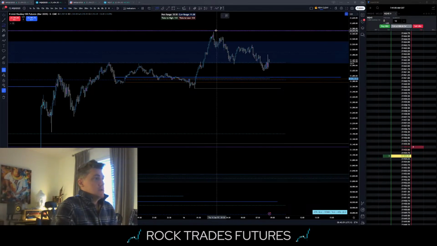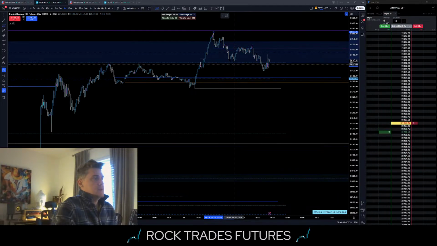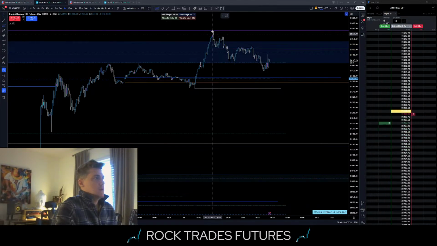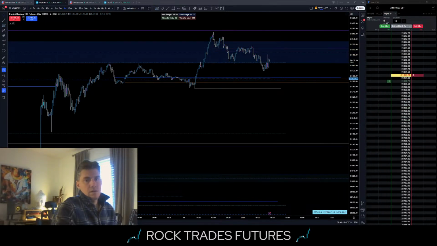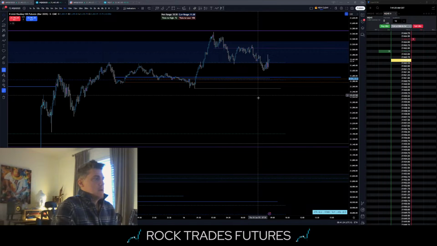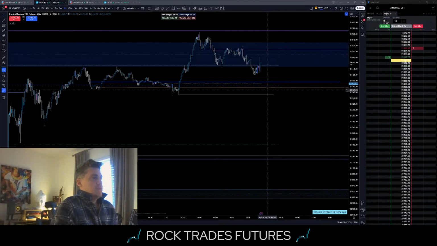Let's see, what is 50% of this range? 50% of that swing was there. 50%. Let's see here. So we got the gap lower.